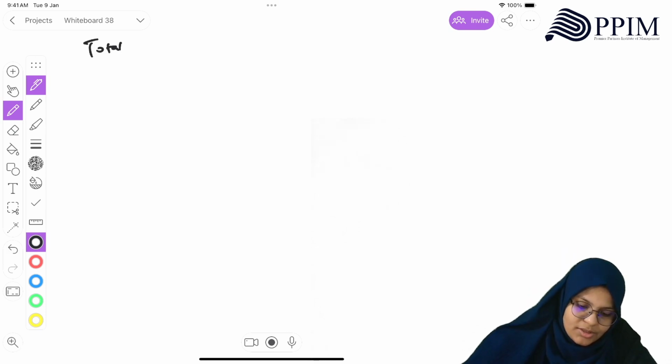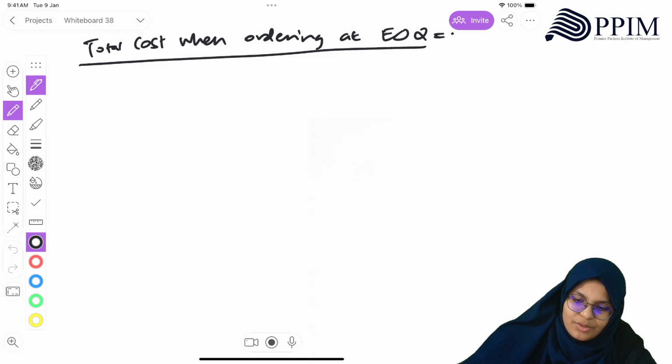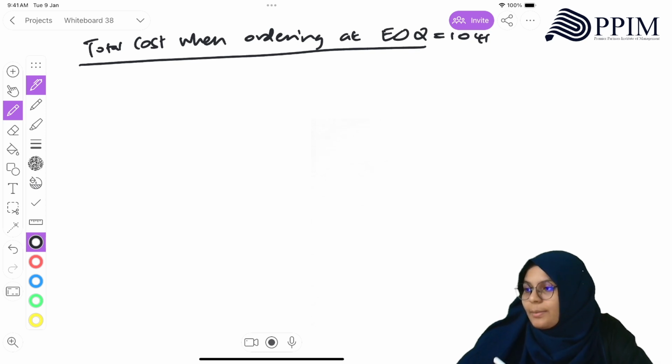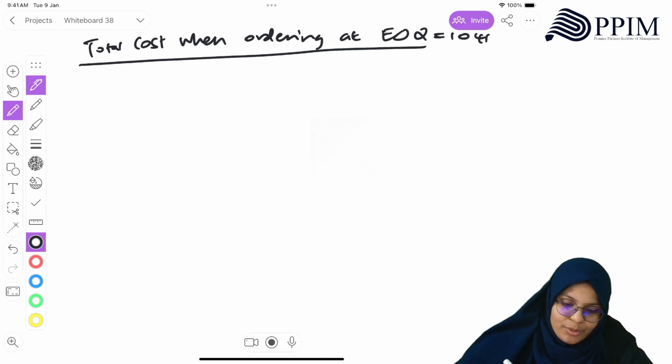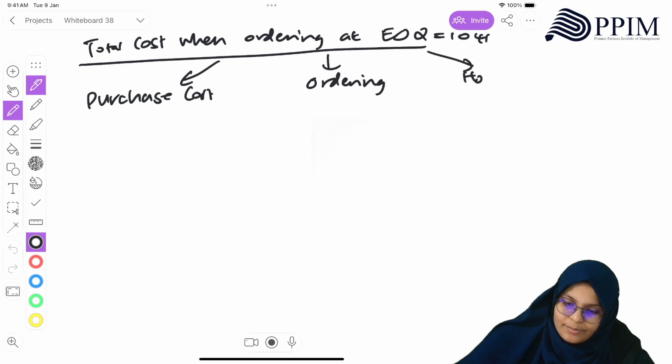So total cost when ordering at the EOQ, which was 1041. Okay, so when it comes to materials, there are 3 costs that we have to consider. One is the purchase cost, then the ordering cost, and the holding cost.